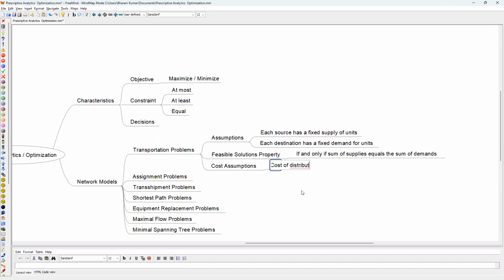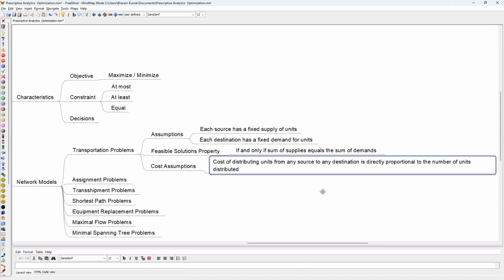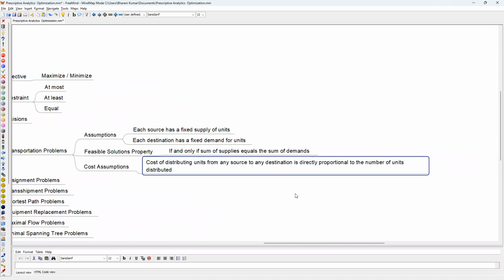It doesn't work this way that, hey, if you distribute more units, then the cost will be less.